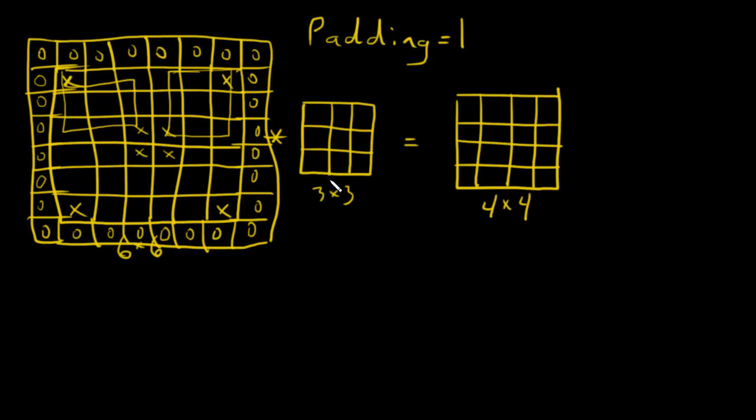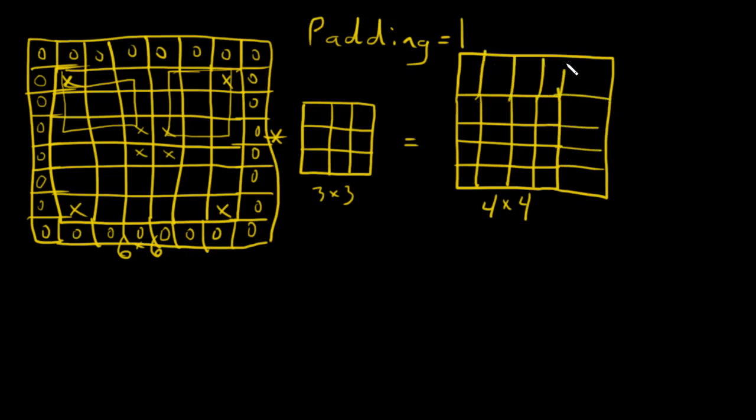The other thing that it does is that it expands the resulting matrix. So what was a 4 by 4 turns out, when this is all said and done, to be a 6 by 6.